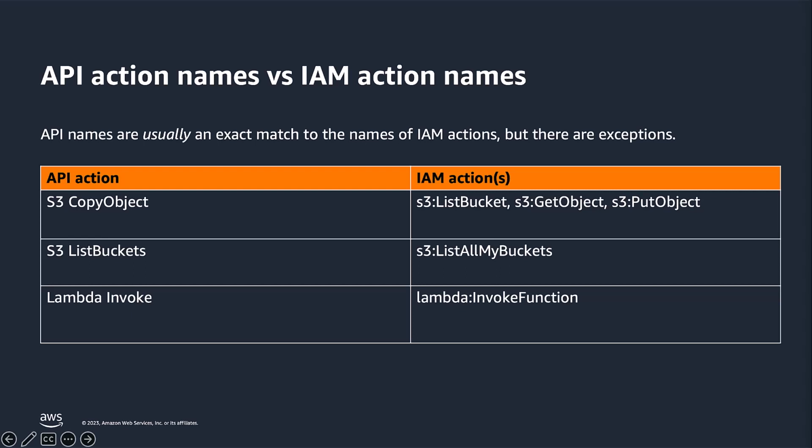There are also APIs where the IAM action has a slightly different name than the API, such as Lambda's invoke API that requires the Lambda invoke function IAM action. So double check the documentation to figure out the exact IAM actions you need to call a particular API.